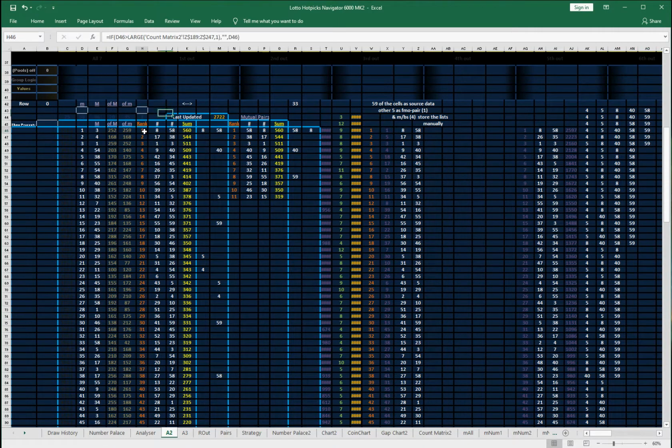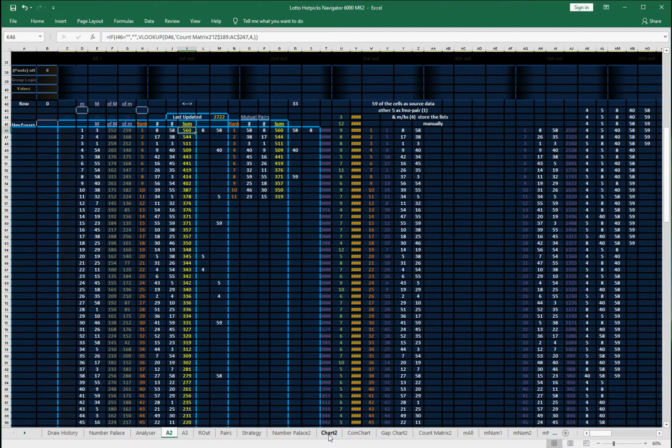And if you look, there's the one at the top of this list, 8 and 58, and they are listed in order of how much the M values on each chart add up to.